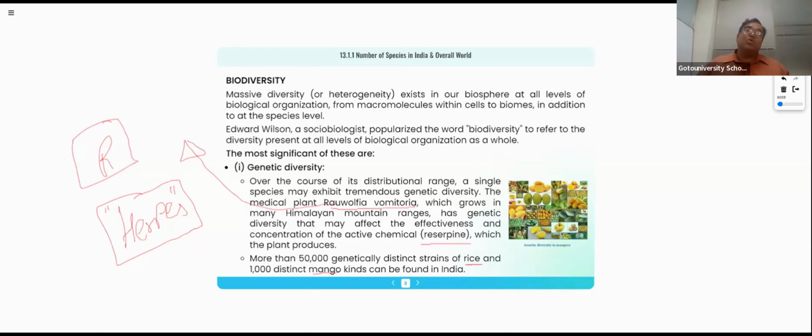Of course, among all the mangoes, the classic mango we call Alfonso mango has quite an amazing taste.